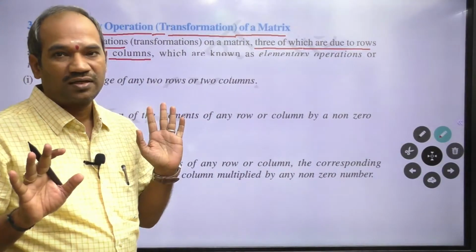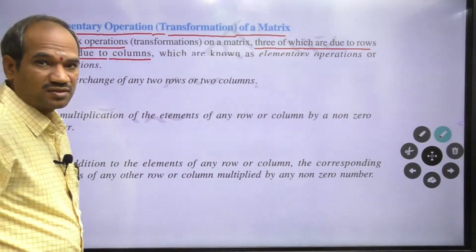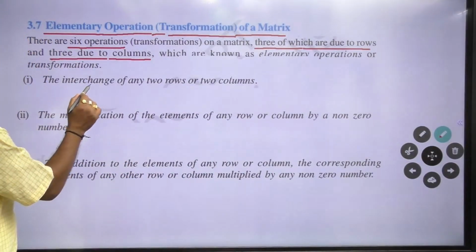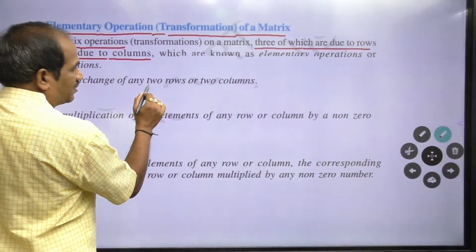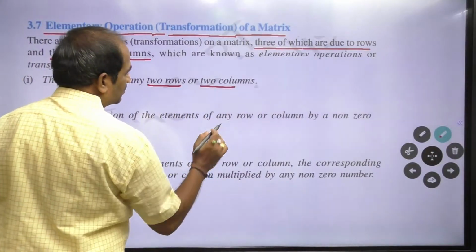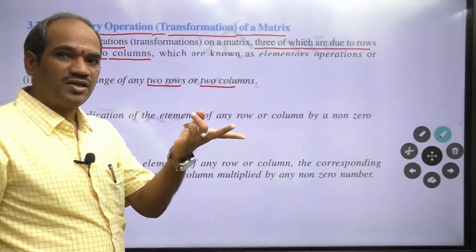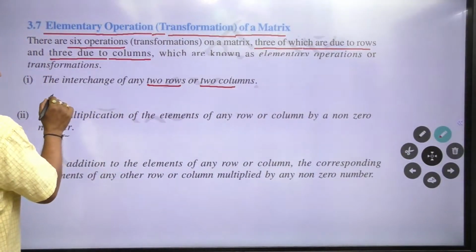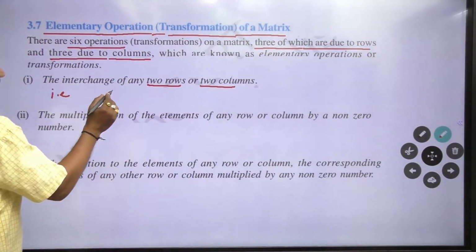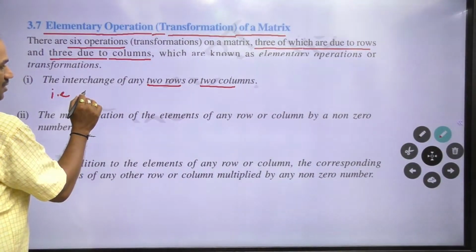See here, the first one is the interchanging of any two rows or two columns.